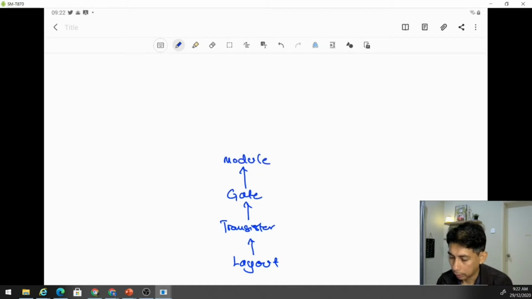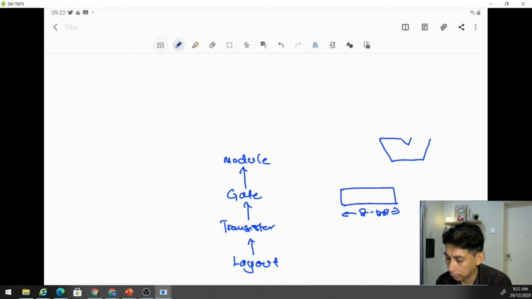For example, the register is modeled as a box like this, 8-bit. The ALU is modeled as this, at the module level.